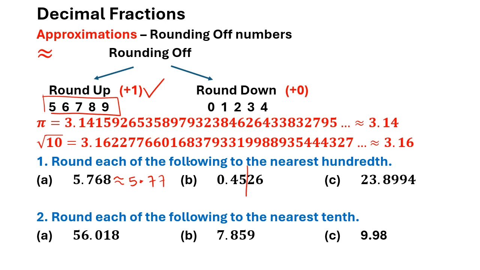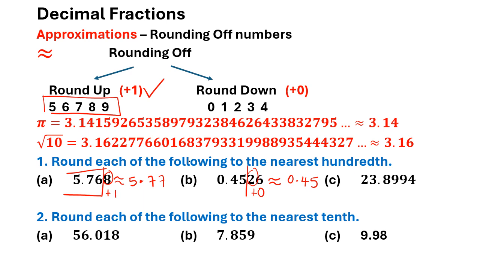Since we have 2 here, we're going to round it down to 0, and the approximate value for 0.4526 to the nearest hundredth will be 0.45. So notice how I am cutting after the hundredth place and keeping it, and just considering if this number is going to be rounded up or down.